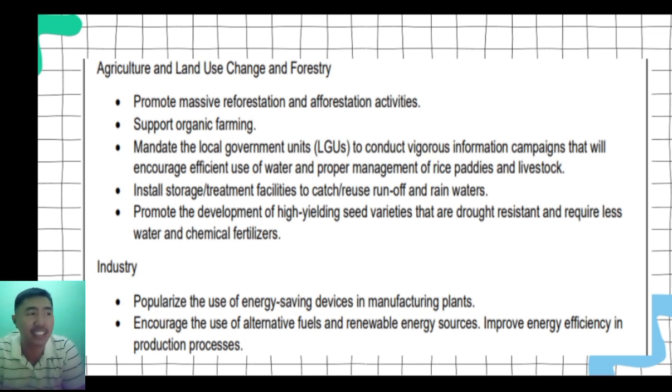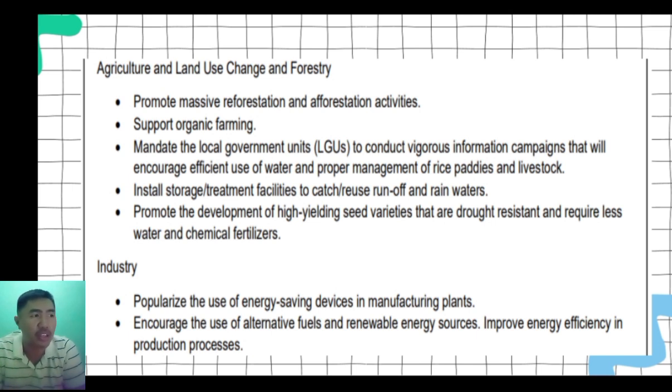So last is industry. Popularize the use of energy-saving devices in manufacturing plants. So in industry, we know that they are the ones who have factories and machineries that process things.